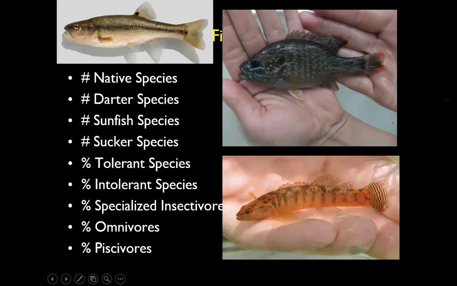So order perciforms. Just like this dude, it's got a spiny and soft dorsal, but a lot skinnier body. This is family Percidae. Look at the tail. I think maybe just a couple of y'all saw this last time. I'm not sure, but it has a convex tail here. It's a fan-tailed darter. It's got those bands as convex tails. So these are fish we've seen. This is an example of an intolerant species. So they categorized all these species.